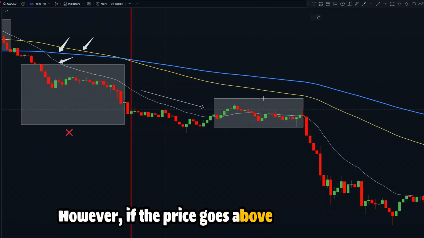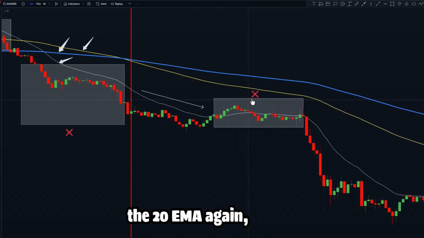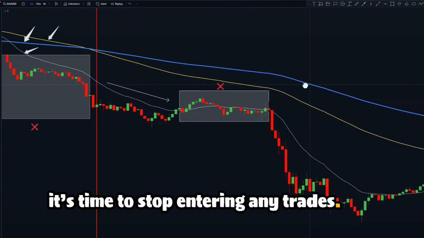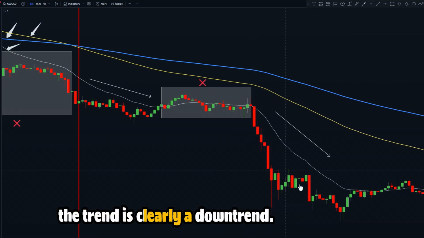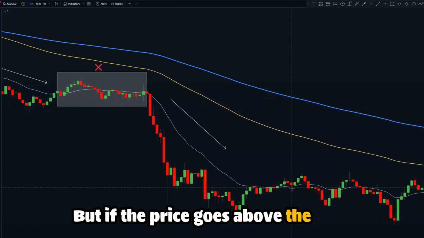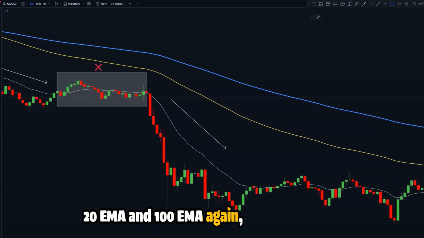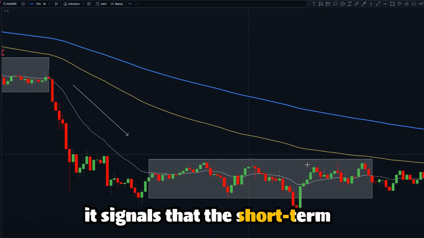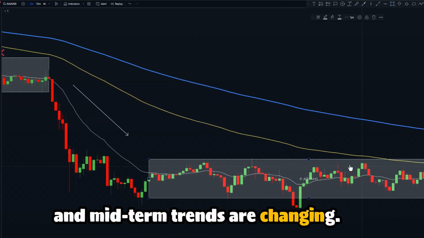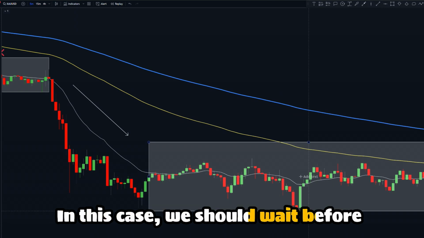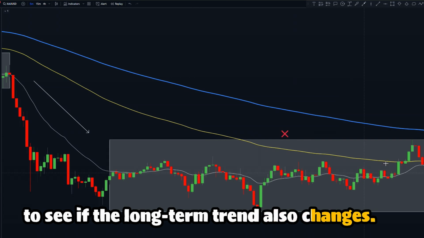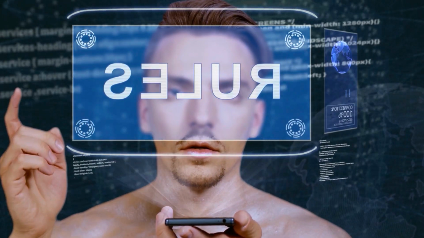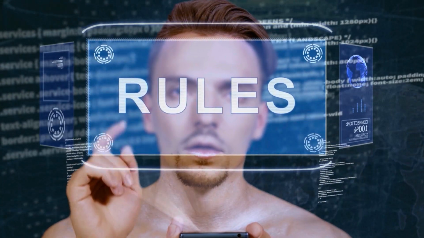However, if the price goes above the 20 EMA again, it's time to stop entering any trades. If the price drops below all the EMA lines, the trend is clearly a downtrend. But if the price goes above the 20 EMA and 100 EMA again, it signals that the short-term and mid-term trends are changing. In this case, we should wait before entering any trades to see if the long-term trend also changes.